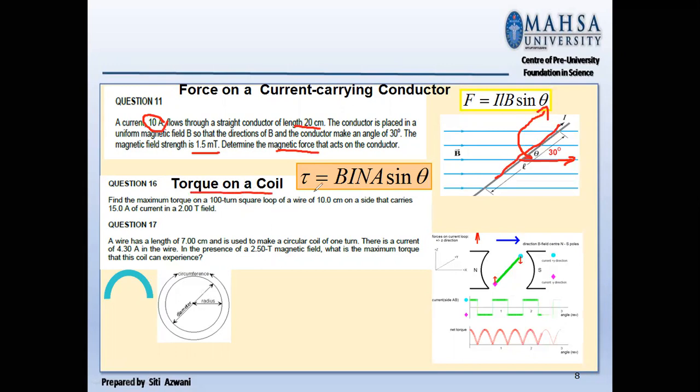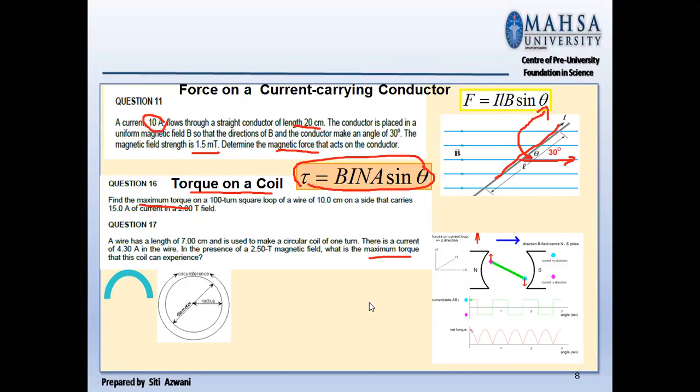So first, this is your formula for the torque: torque equal to BINA sine angle. For question number 16, number 18, you want to calculate the maximum of your torque. You can refer to this figure.